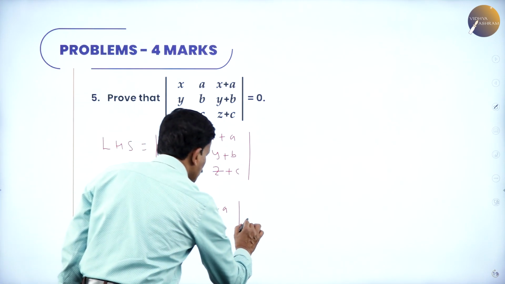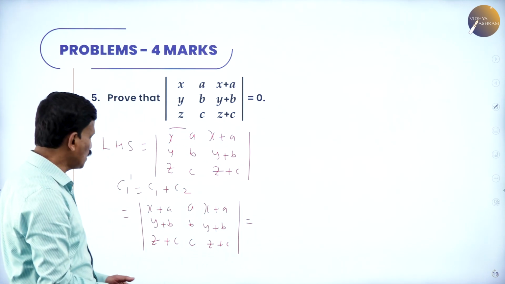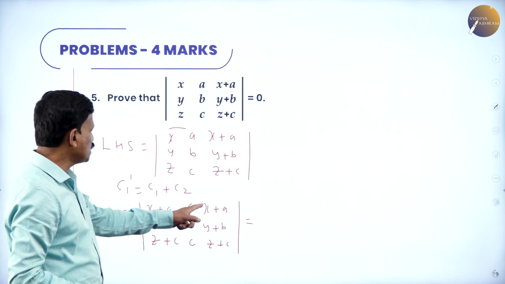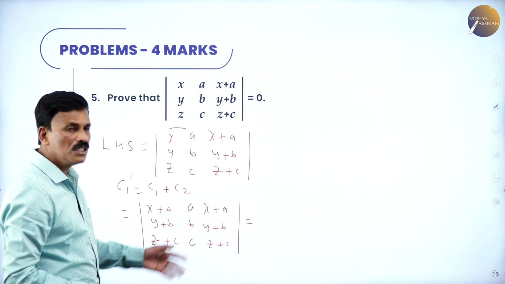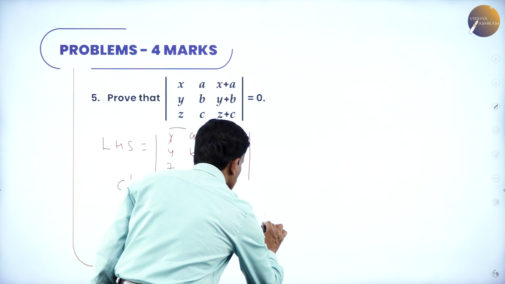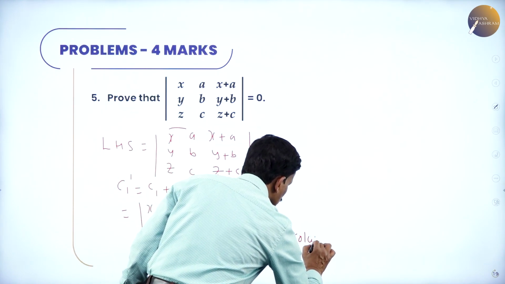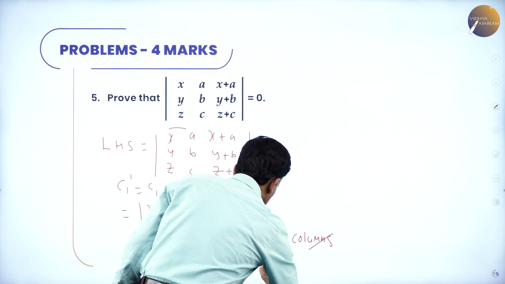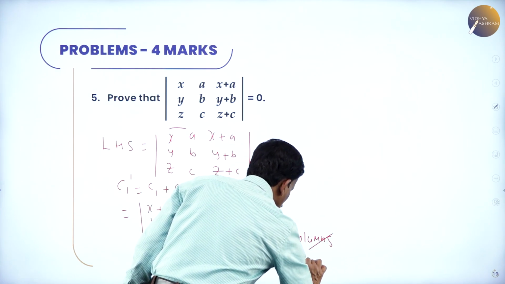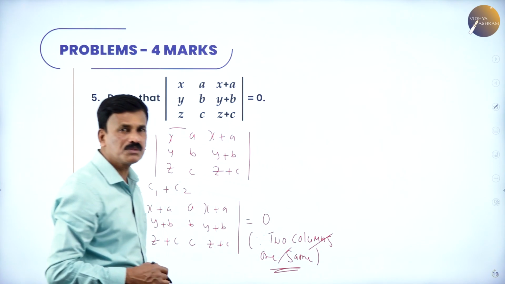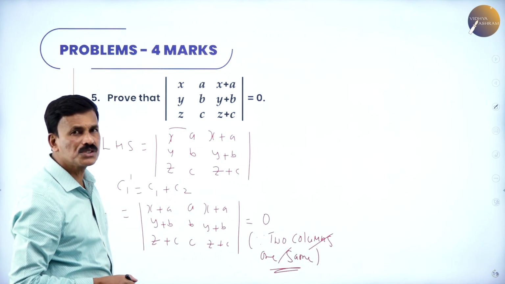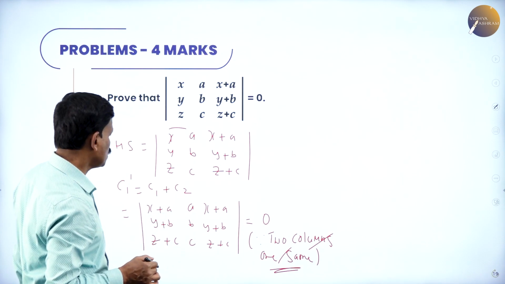If you observe carefully, the two columns are the same, x plus a, y plus b, z plus c. Two columns are identical, so this is equal to 0. Therefore the value of the determinant is equal to 0. That's it. That is the proof.